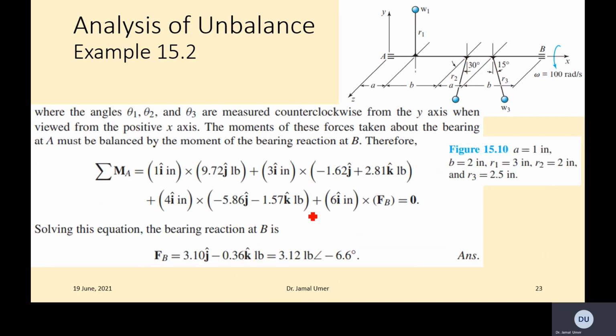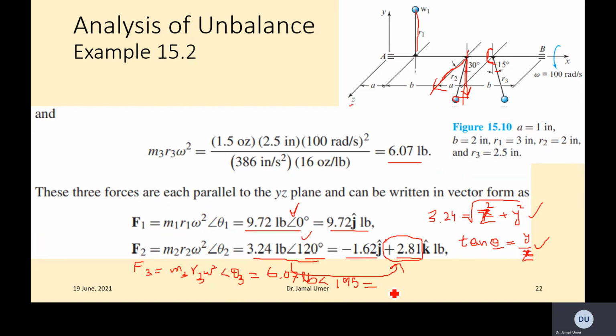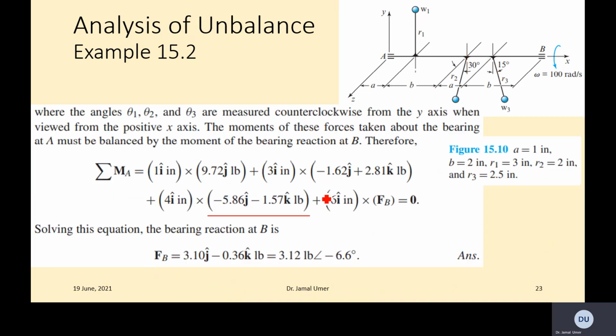Now you can find the vector, which is this value. You can just write it over here. Again, whatever values you get, some could be positive, some could be negative. Do not get confused, because as I explained, mass 3 has a negative y direction, so that's why it is minus 5.86 j.